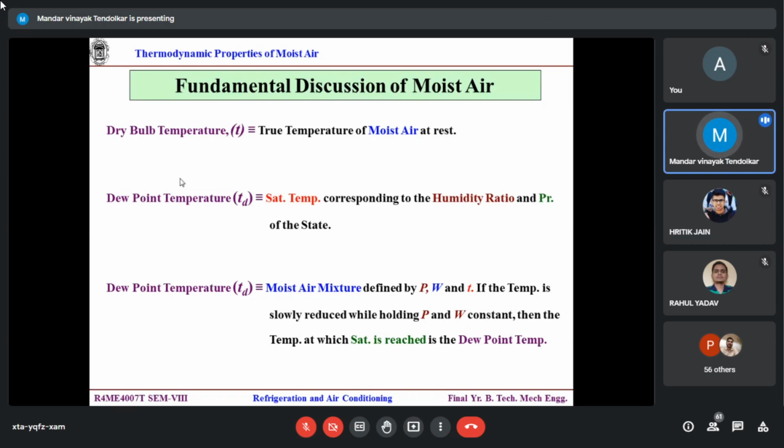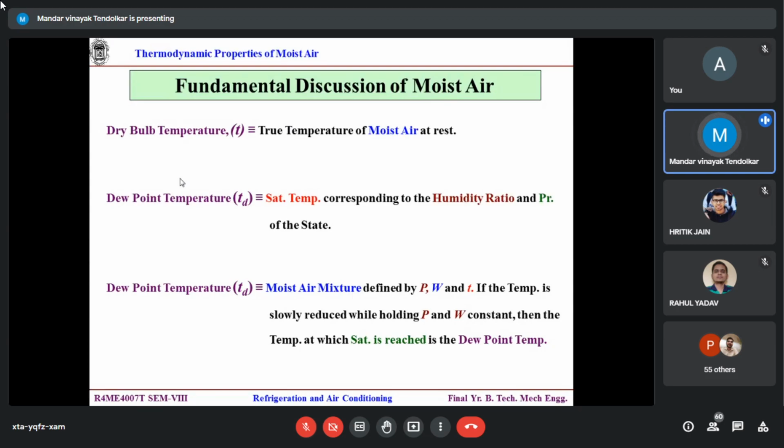You close all the doors and windows, so no mass comes in or goes out, and you start reducing the temperature: 19, 18, 17, 16, 15. Let's say at 14 you start feeling wetness on the palm. That means it is the start of condensation, so 14 degrees Celsius will be the dew point.